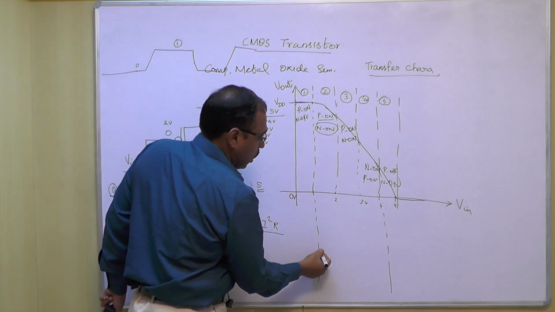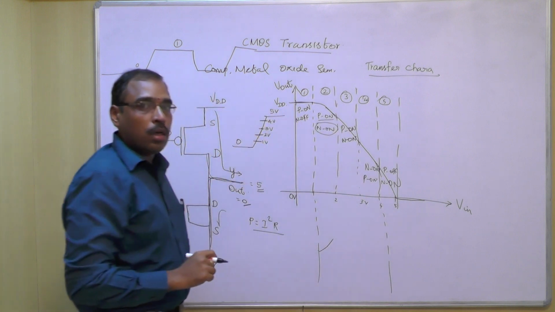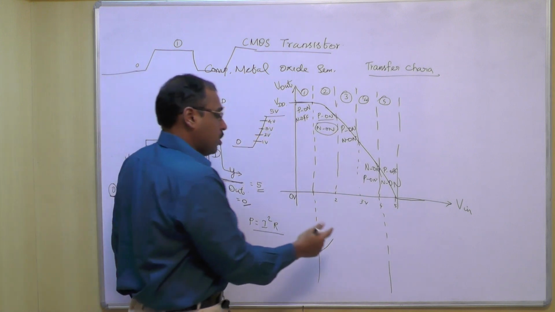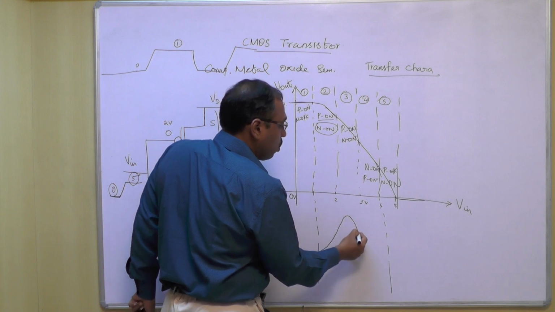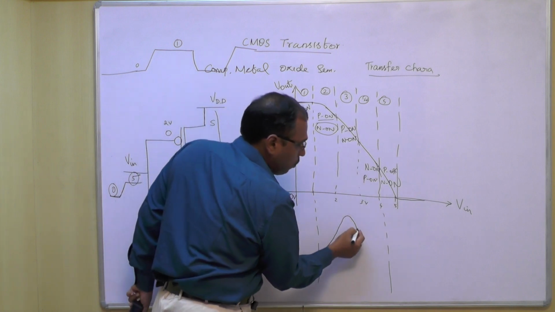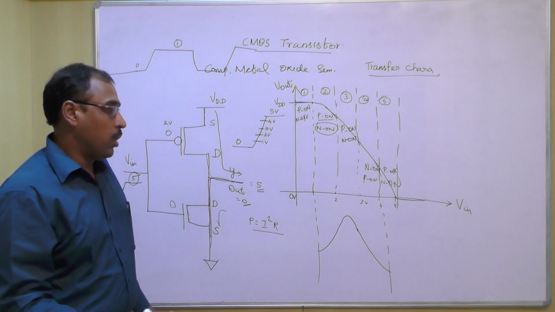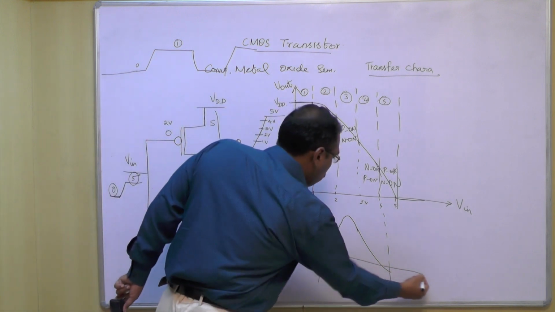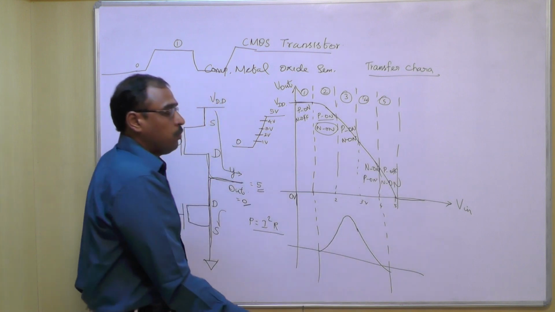So now the current starts. And during this region, both transistors are nearing maximum saturation. So during that time, the maximum current will go from VDD to ground. Then in region number 4 it will be N, and in region number 5 there won't be any current. So the current flows from VDD to ground only during regions 2 to 4.